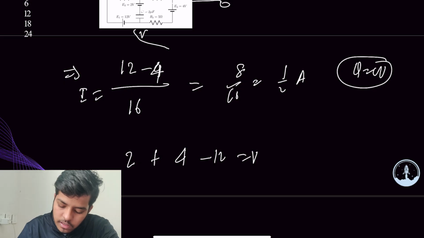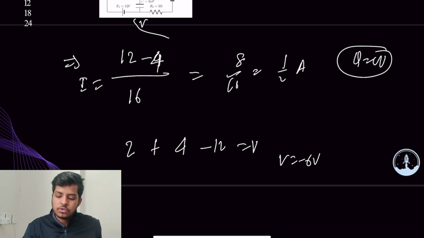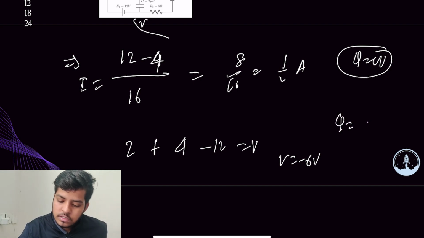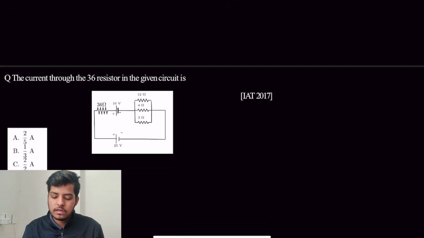So V will be minus 6 volt. So the potential difference across the capacitor is 6 volt. So Q equals C into V. C is 2 microfarad into 6. Q equals 12. 12 will be the answer. चलिए नेक्स्ट क्वेश्चन पे चलते हैं.